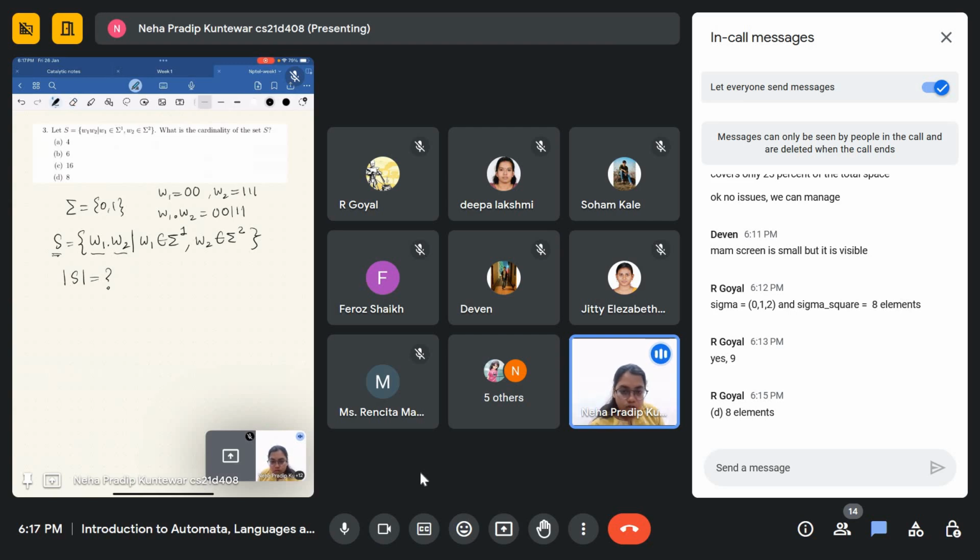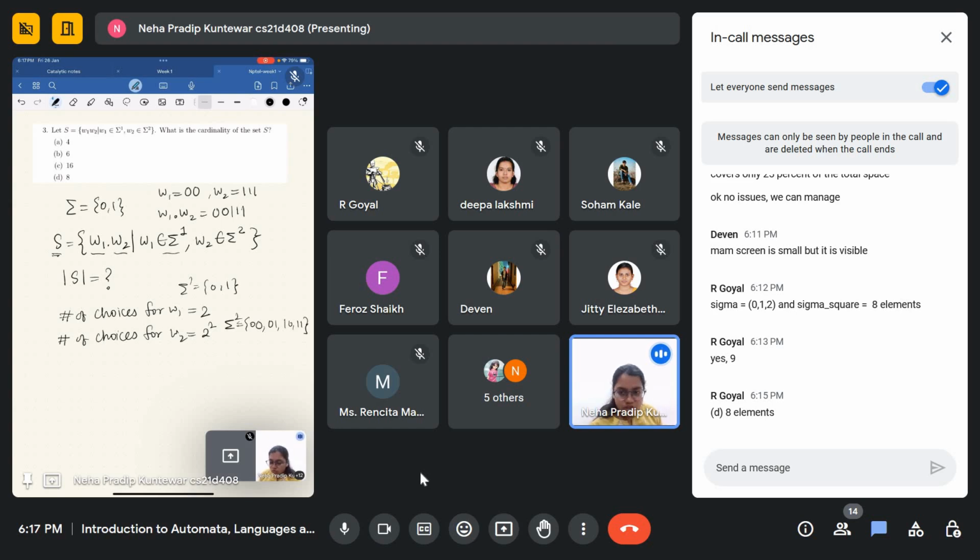The number of choices for W1 is just 2 because sigma 1 is basically 0 1, and the number of choices for W2 is 2 square because sigma 2 is 00, 01, 10, 11.